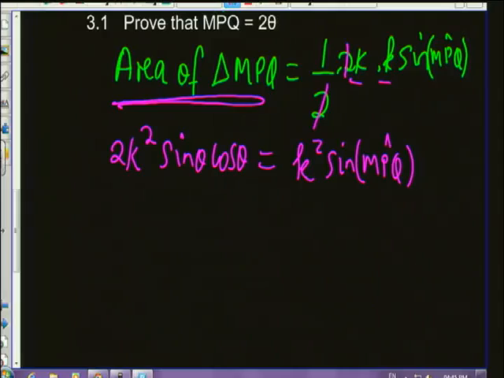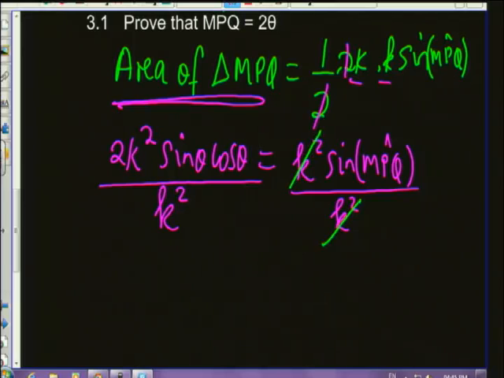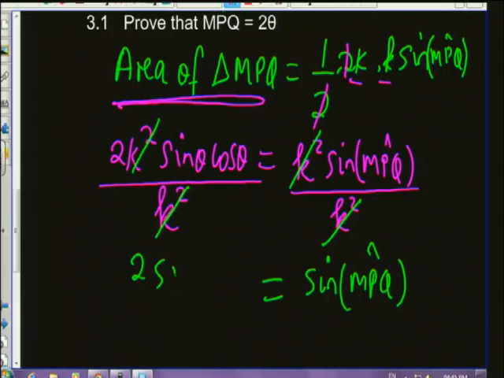We want to make sine MPQ the subject, so I divide by K squared on both sides. On the right-hand side, I've got sine MPQ, and on the left-hand side, the K squared divides the K squared, so I've got 2 sine theta cos theta.